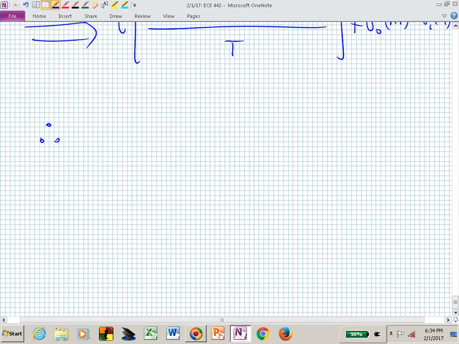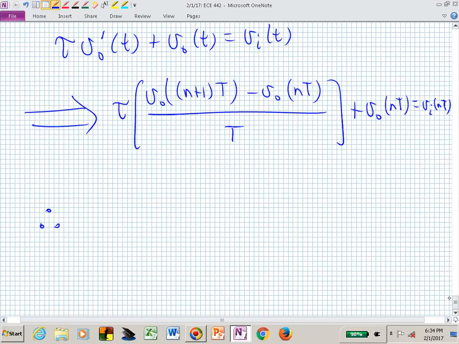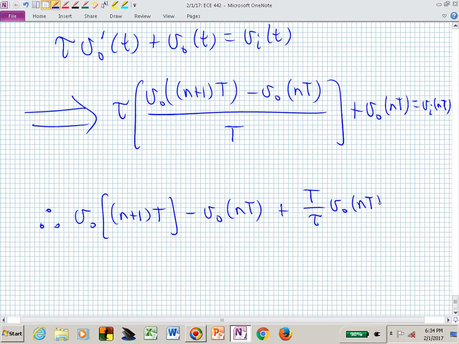But if we now multiply everything by capital T and divide by tau, hopefully you see that we have V sub 0 of (n plus 1) capital T minus V sub 0 of nT plus capital T over tau V naught of nT equaling capital T over tau V sub I of nT.